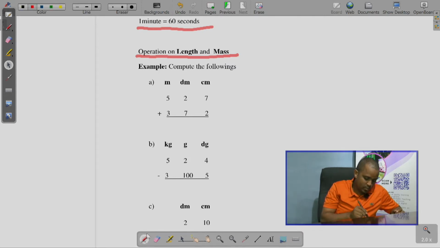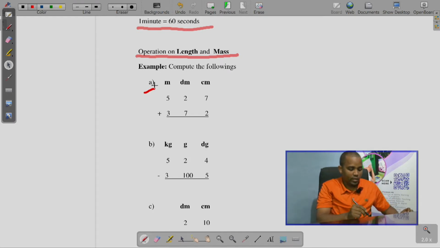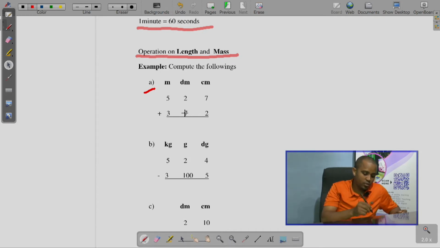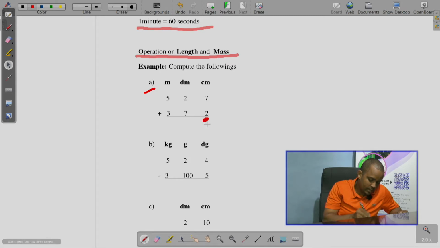So let's start with Roman A, where we are required to perform addition. If you add 7 and 2, the answer will be equal to 9. Also, if you add 2 and 7, the answer will be equal to 9.